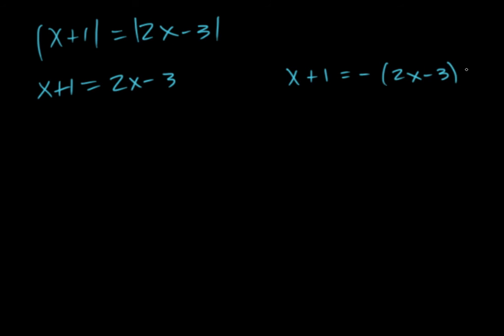2x minus 3. Now, this might seem a little weird because technically it's plus or minus, right? But if they're both positive, we have that. If they're both negative, we could just divide both sides by negative, and they'd both be this. And then if one's positive, one's negative, we could switch the sides.